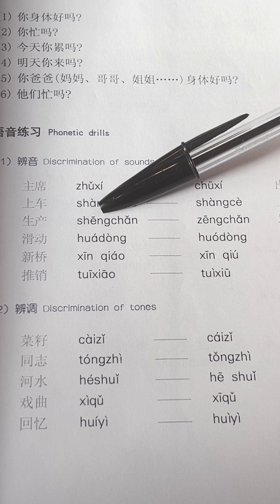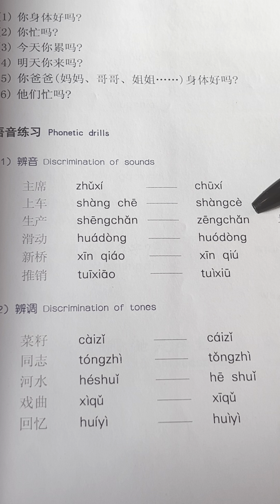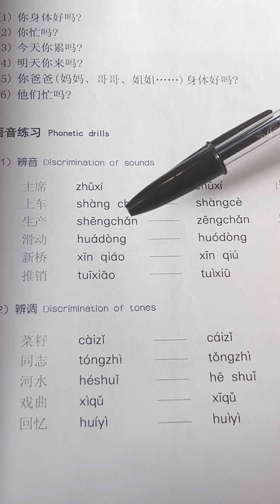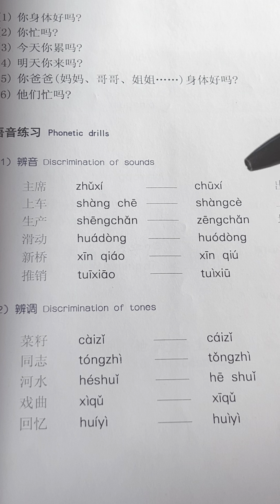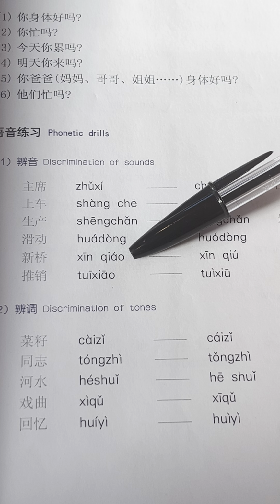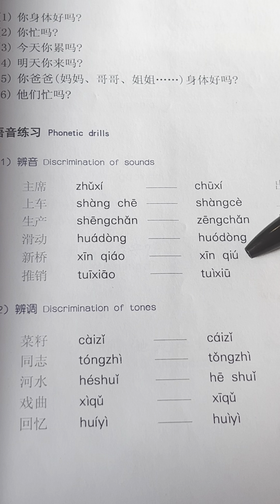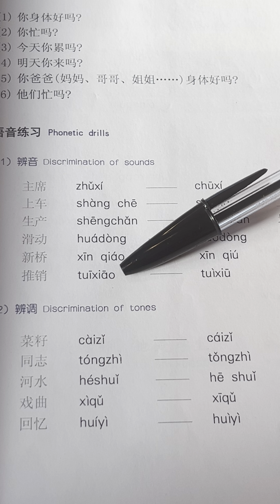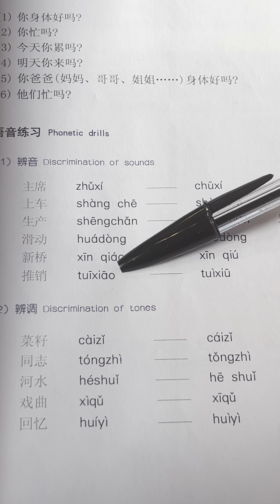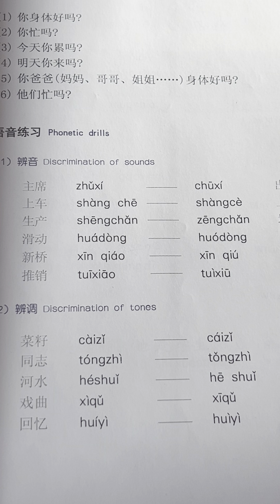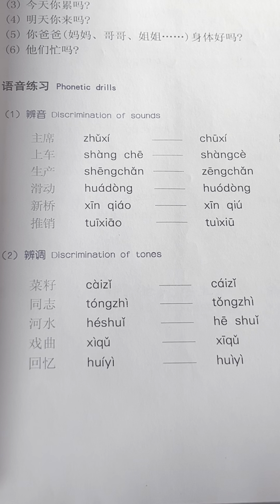Good. 生产，增产，活动，新桥，星球，推销，退休. Can you hear the difference there? 推销，退休. It's kind of a tough one, huh?